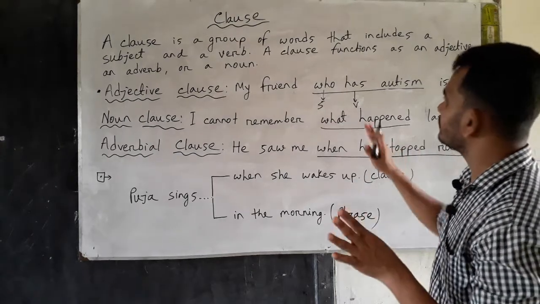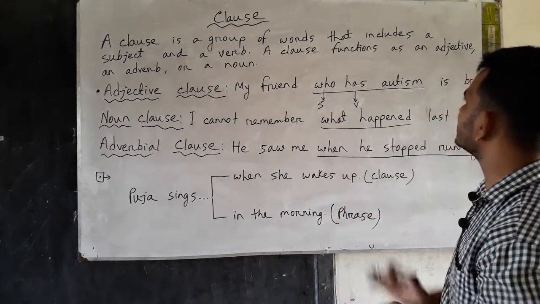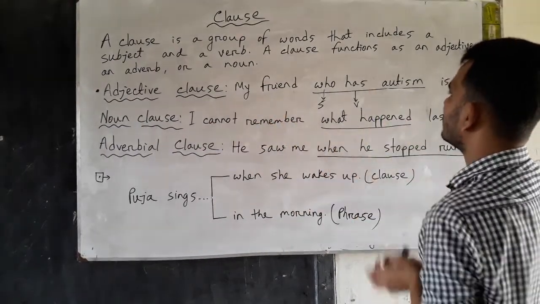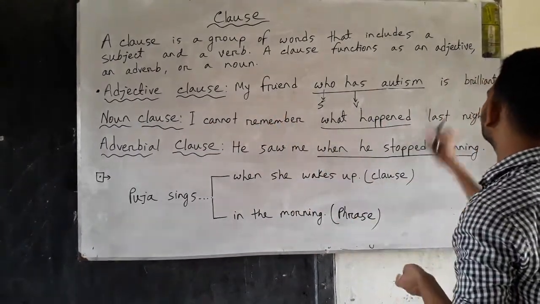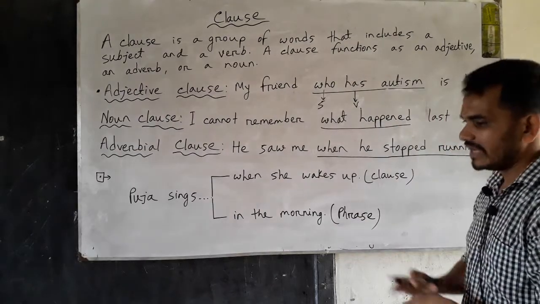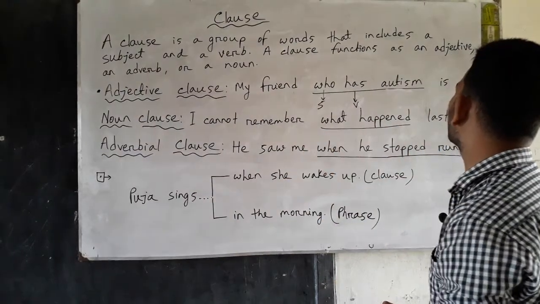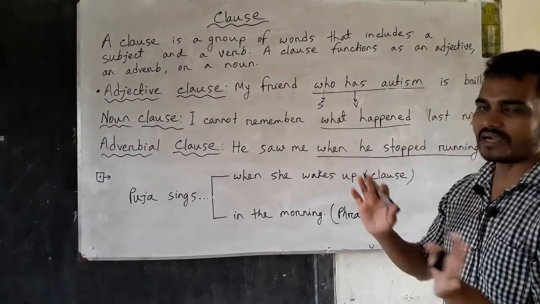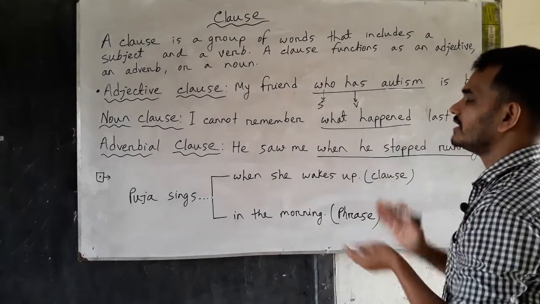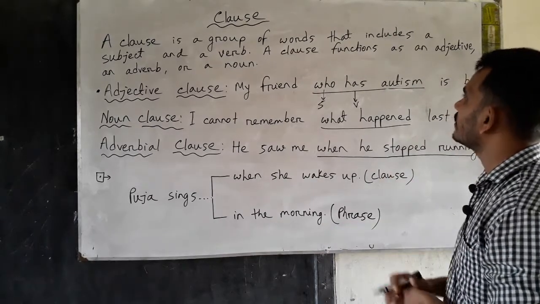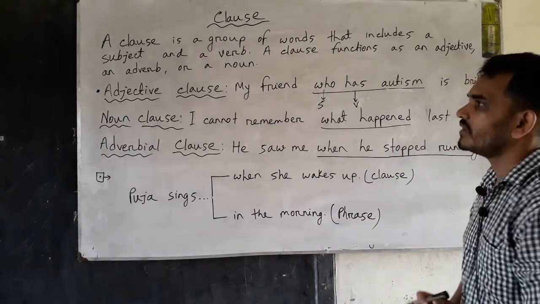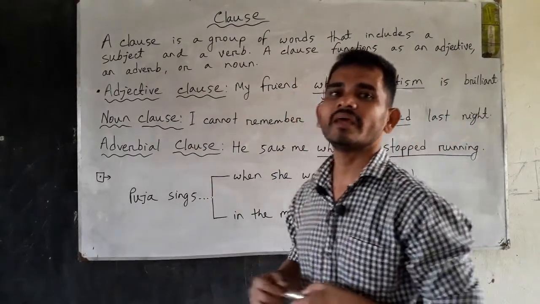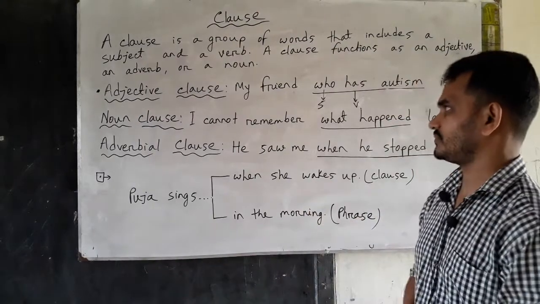Dear learners, and this part functions as an adjective in this complete sentence, My friend who has autism is brilliant. This part who has autism functions as an adjective, and it has also a subject and a finite verb, so it is an example of adjective clause.